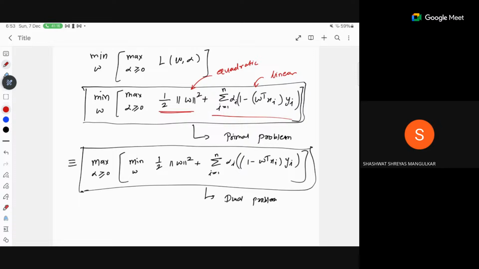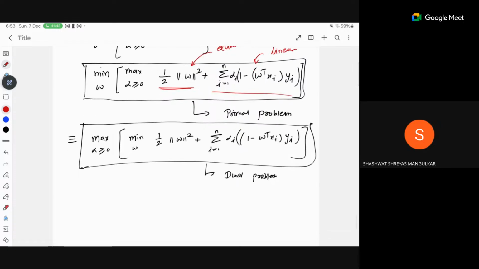So if the function inside these conditions is convex, then I can interchange the min max. It can become max min easily. If it is not, it is also possible there as well, but it is not that straightforward as what we have done here.